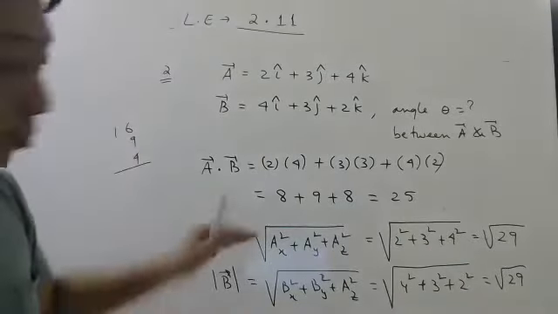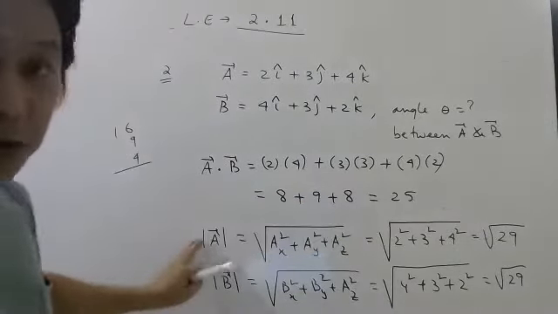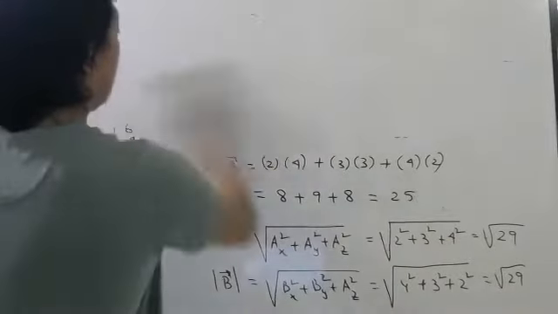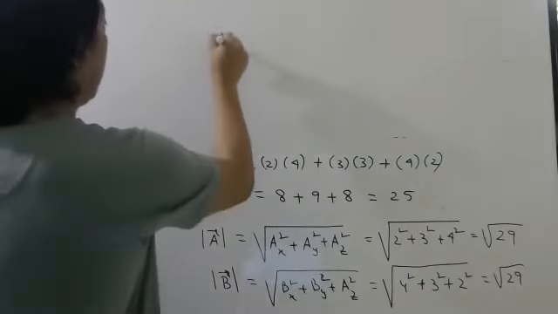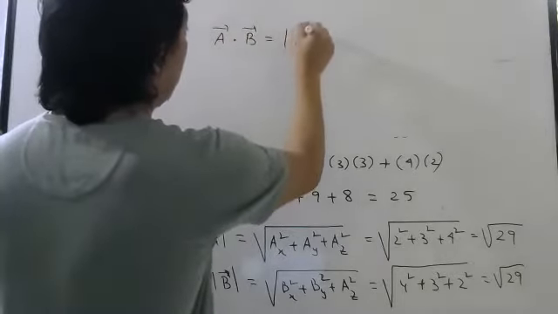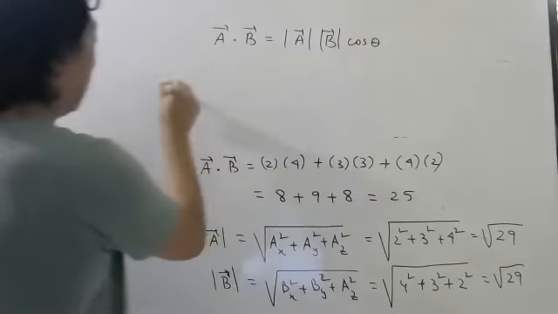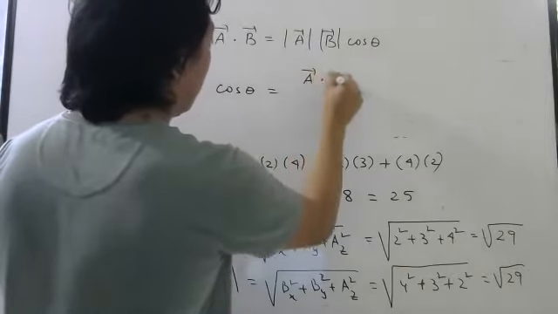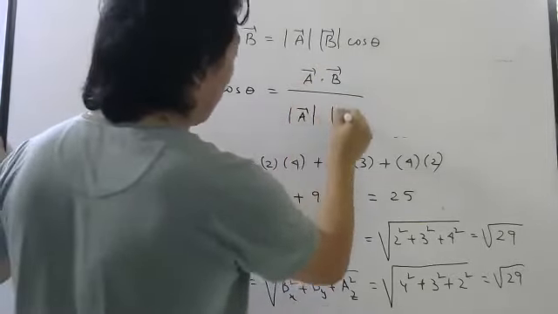Okay. Once you have found the dot product using components and magnitude of the two vectors, now you can use the definition. What is the definition? A bar dot B bar is magnitude of A bar, magnitude of B bar, cos of theta. Therefore, what will be cos theta? A bar dot B bar divided by magnitude of A bar, magnitude of B bar.